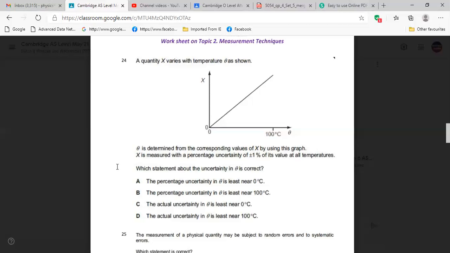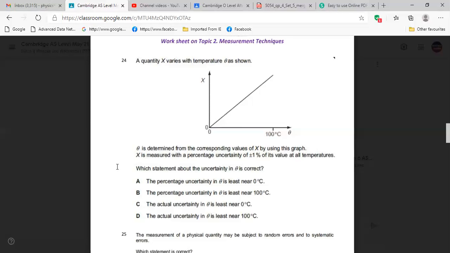Yes, sir. So now you are clear what is called actual uncertainty, right? So in any measured value, the uncertainty you have, that is called actual uncertainty, right? Yes, sir. In thermometer normally we have 1 degree Celsius, but if you are taking the average, it comes 0.5. If your smallest value in the thermometer is 2 degrees Celsius, then your actual uncertainty will be 2 degrees Celsius. Is it clear?